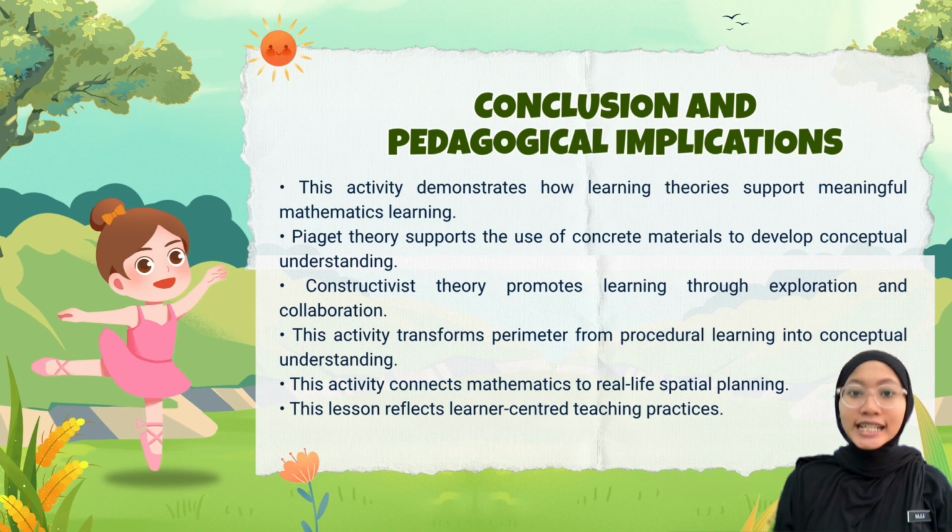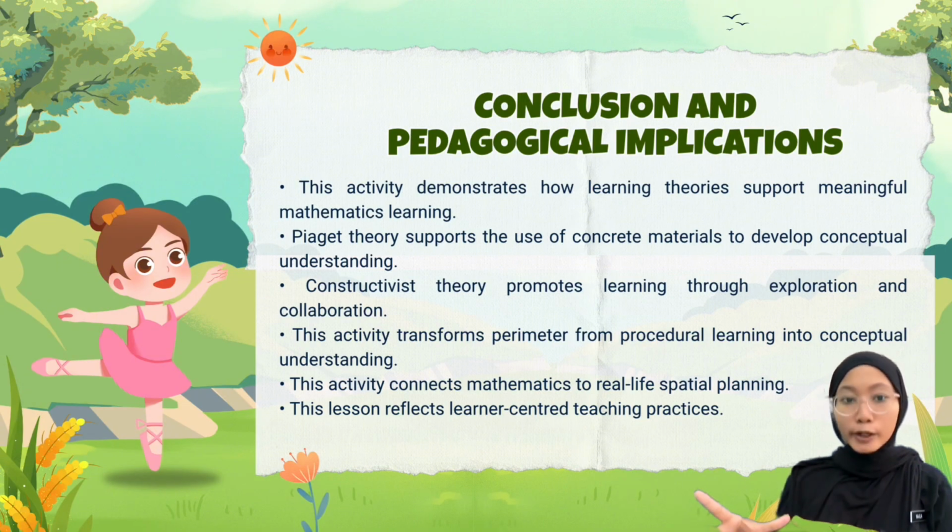In conclusion, this activity demonstrates how learning theories can support meaningful mathematics learning. From Piaget's perspective, the use of concrete materials such as the 2D furniture model helps pupils develop conceptual understanding because they learn through manipulation before moving to abstract perimeter calculation.